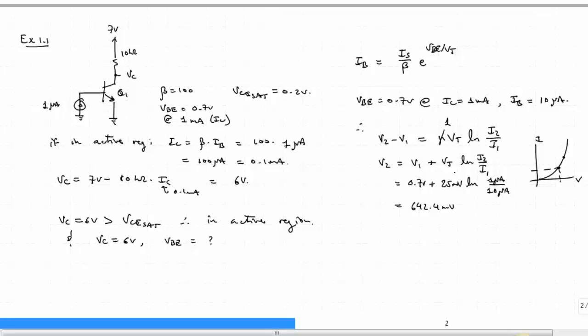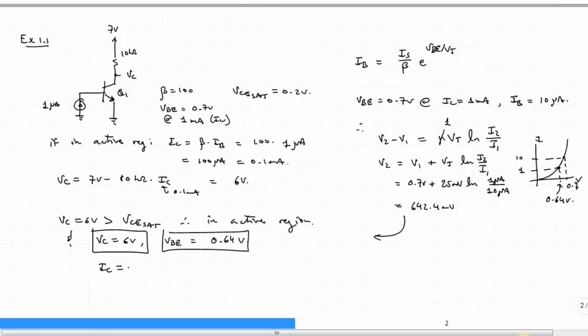So the log is negative, and as we would expect, we were up here at 10 microamps, and now we're down at 1, and we had 0.7 at 10 microamps, and at the 0.1 we have 0.64 volts. So we'd say VBE is equal to 0.64 volts, and it's rounded out.